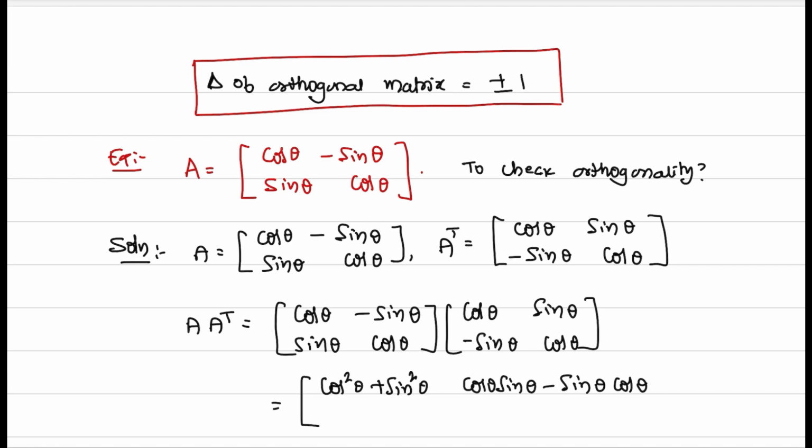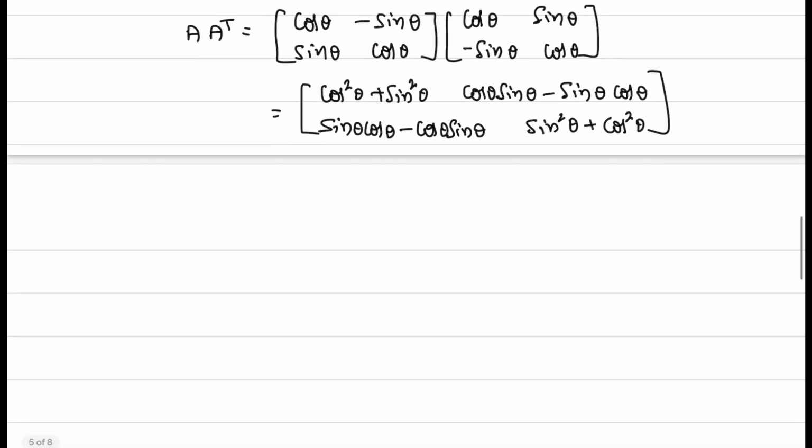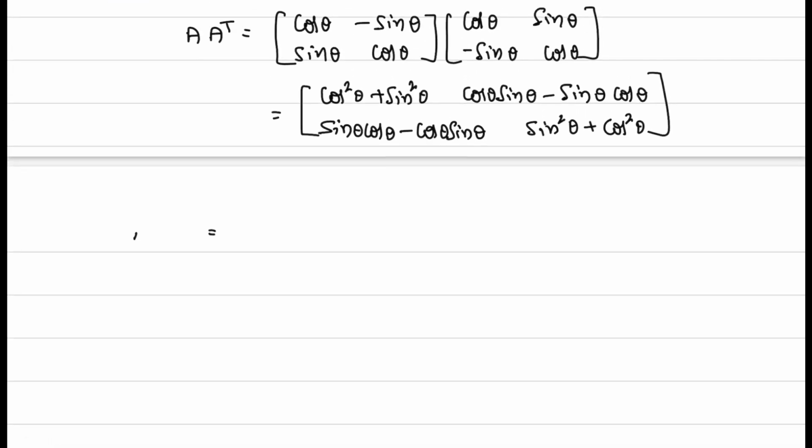Then the second row and first column is sin theta cos theta minus cos theta sin theta, and the second row and second column is sin square theta plus cos square theta. So A A transpose is equal to cos square theta plus sin square theta, which is 1. Cos theta sin theta minus sin theta cos theta goes to 0, and this goes to 0.